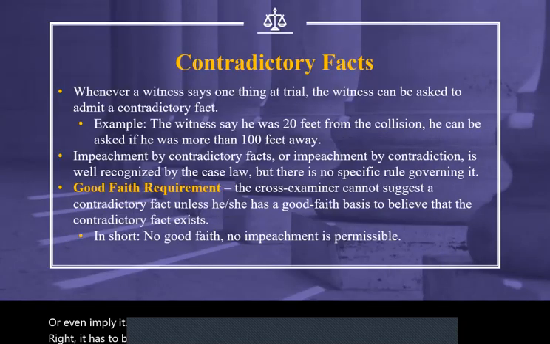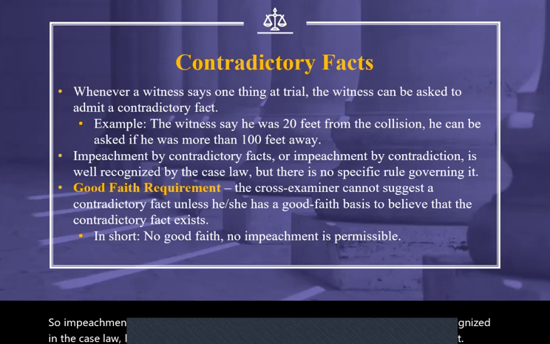We also do contradictory facts, right? Whenever a witness says one thing at trial, the witness can be asked to admit a contradictory fact. So for example, a witness says that he was 20 feet away from the collision. He can be asked if he was more than 100 feet away. Impeachment by contradictory facts, or impeachment by contradiction, is well recognized in the case law, but there's no specific federal rule of evidence that governs it.